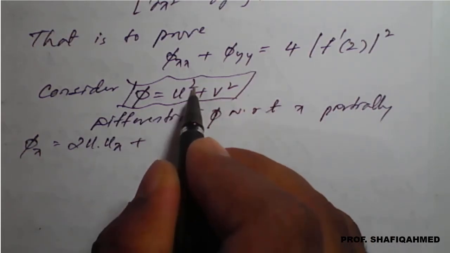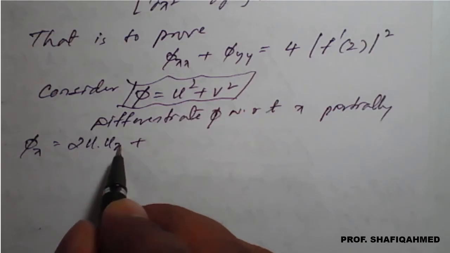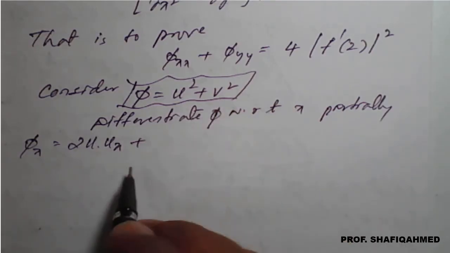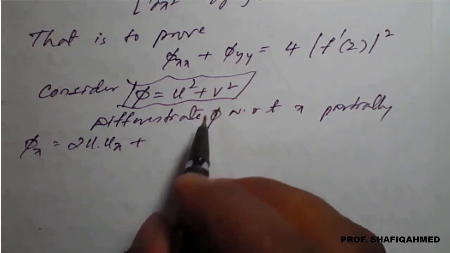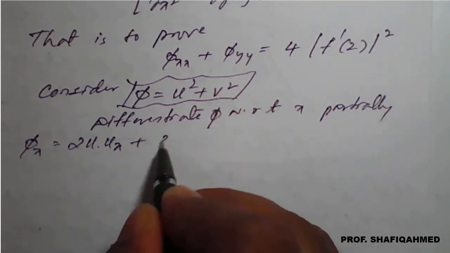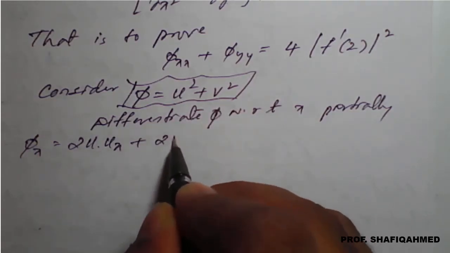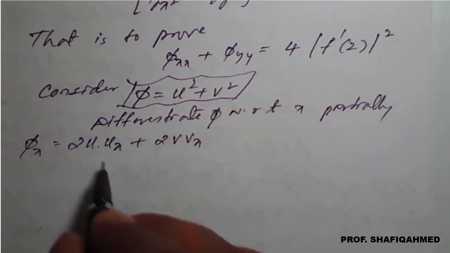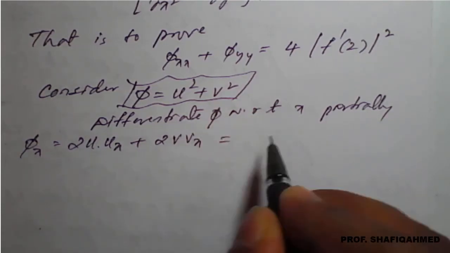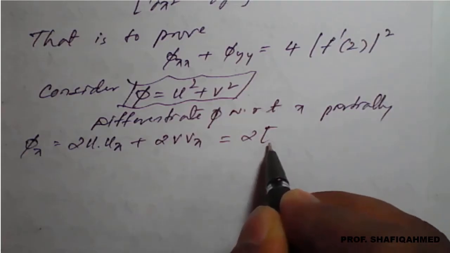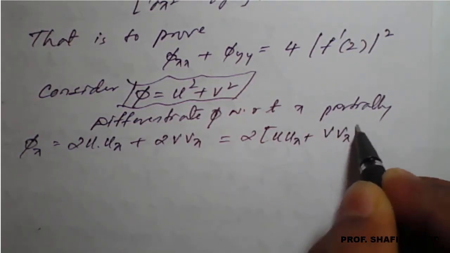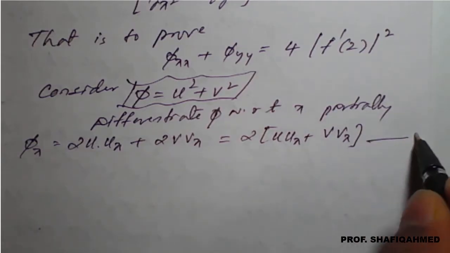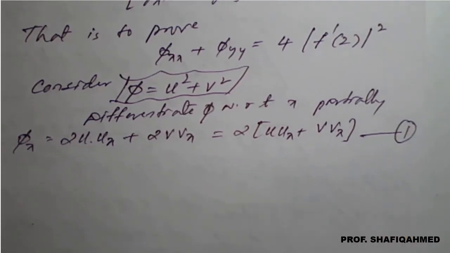The partial derivative of v² is 2v v_x. Taking 2 common, we get phi_x = 2(u u_x + v v_x). Call this equation number 1.